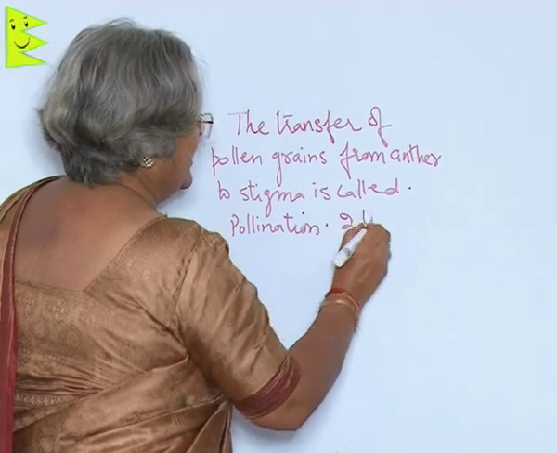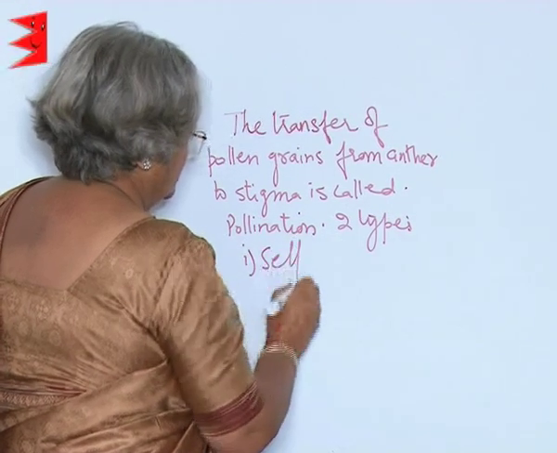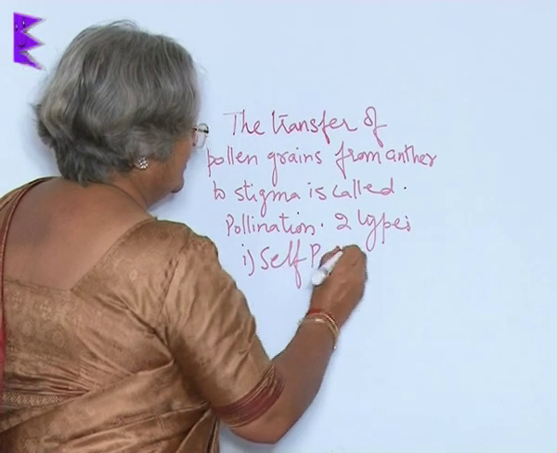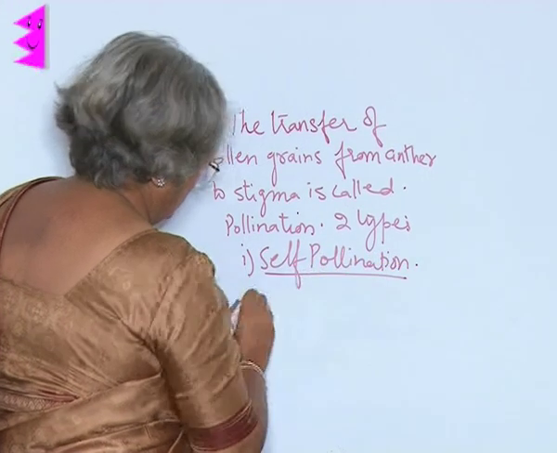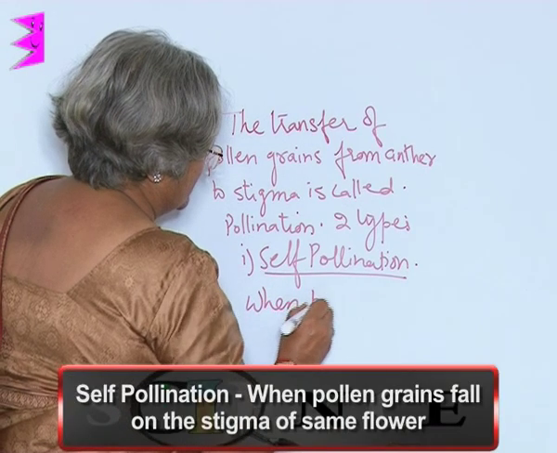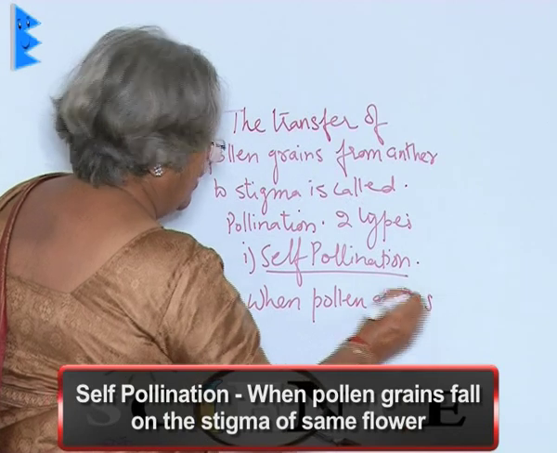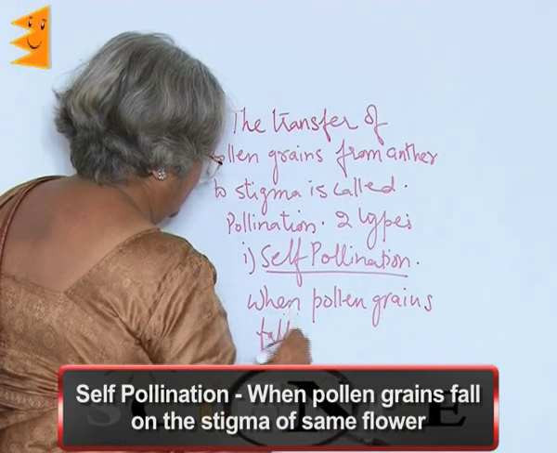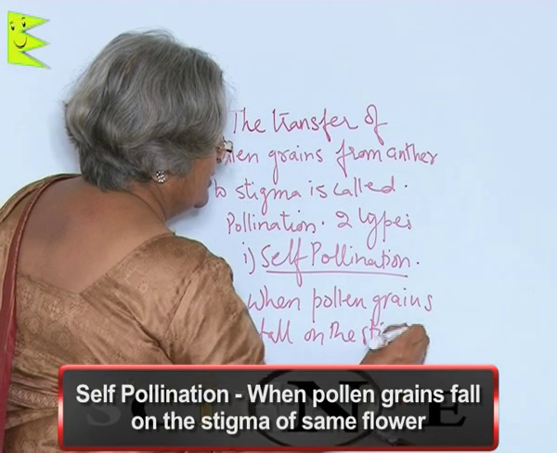It is of two types: self pollination, when pollen grains fall on the stigma of same flower.